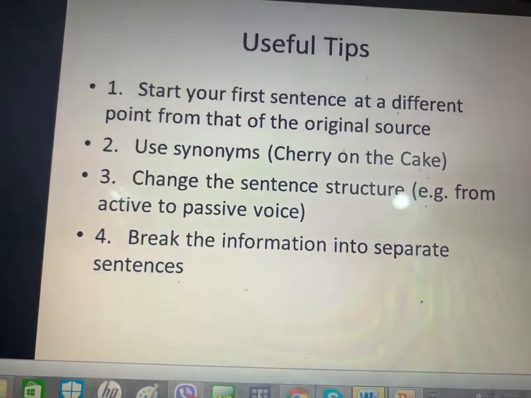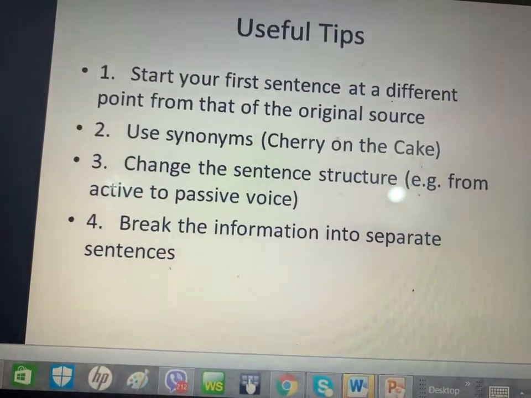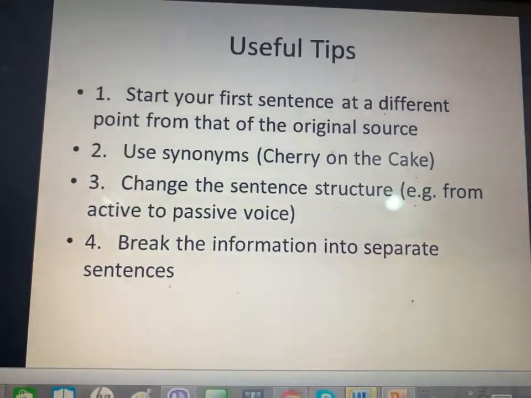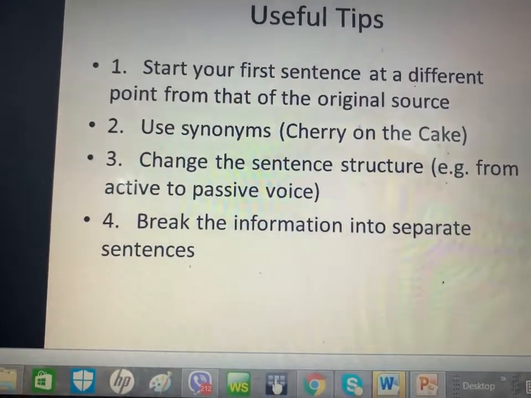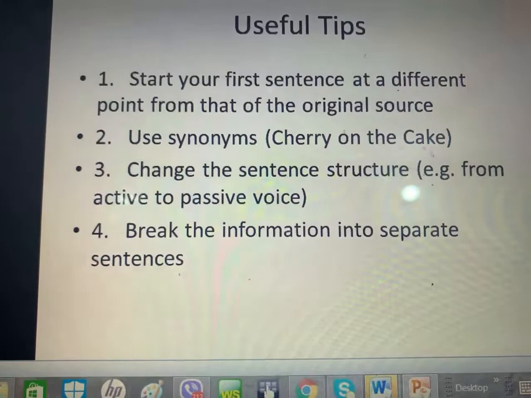All of these things, you start from a different position, a different point of view from that of the original text. Changing the structure, elaborating, condensing, all these are useful tips. But using synonyms is the cherry on the cake that makes your paraphrase the best.